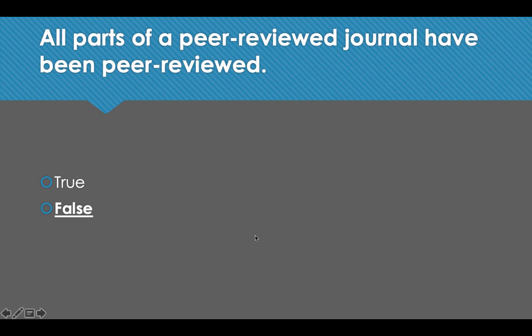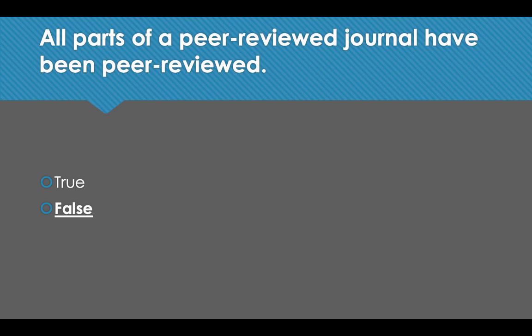All parts of a peer-reviewed journal have been peer-reviewed, true or false? So what's important about peer-reviewed journals? Peer-reviewed journals are scholarly journals that we use in academia, but they're also used in the professional world. And so in order to publish in a peer-reviewed journal, you would write an article, typically.